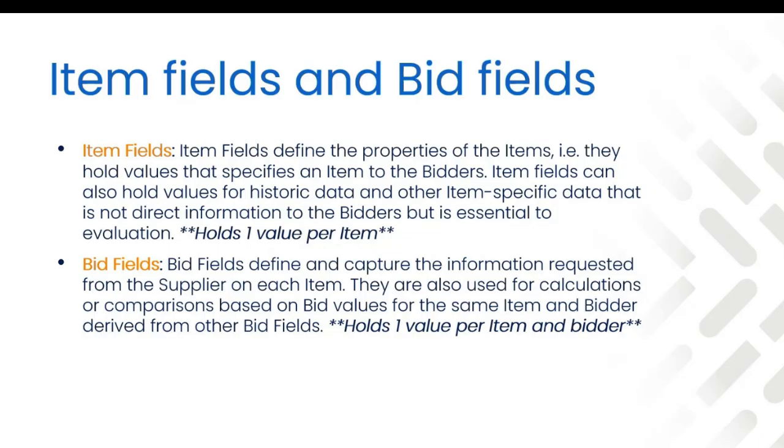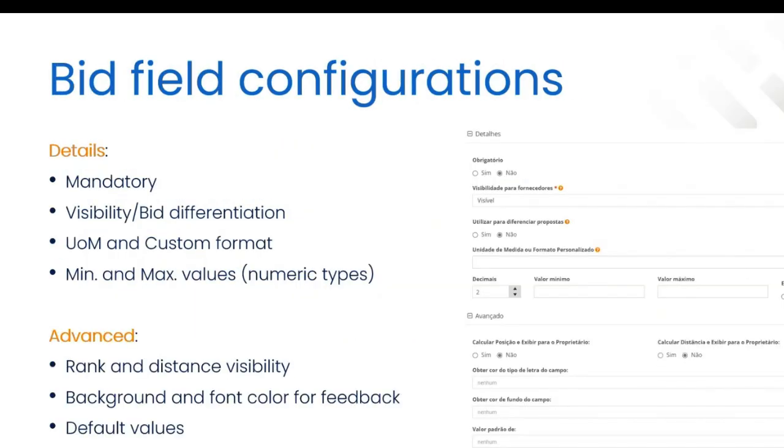Item fields have a value per item, and bid fields are segregated by supplier. So that's something pretty important that sometimes confuses the users, but with the use of the tool and familiarizing with it, it's pretty easy to understand.